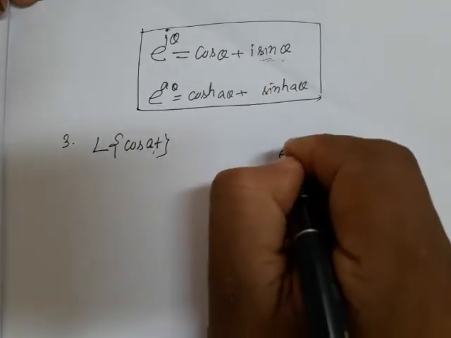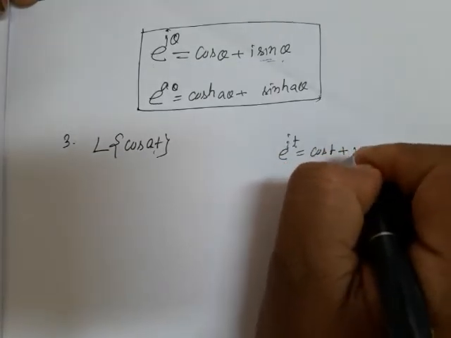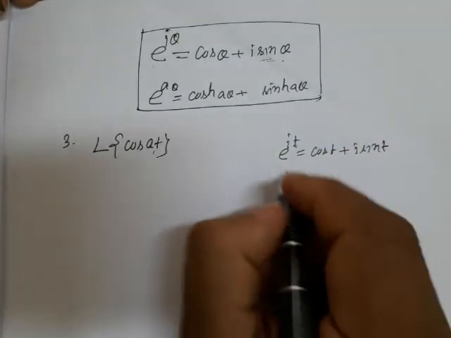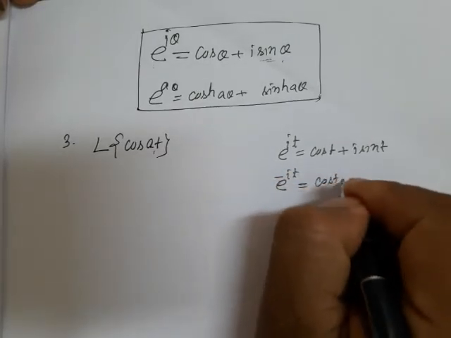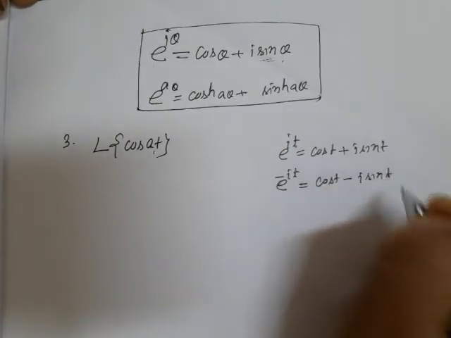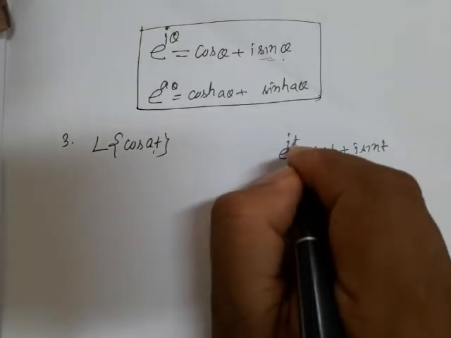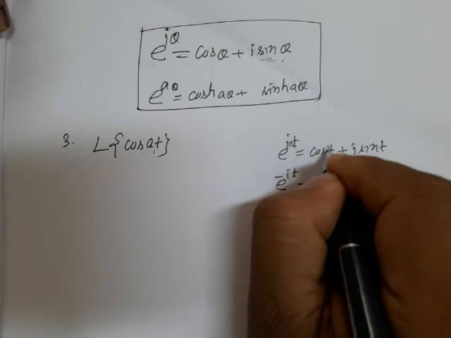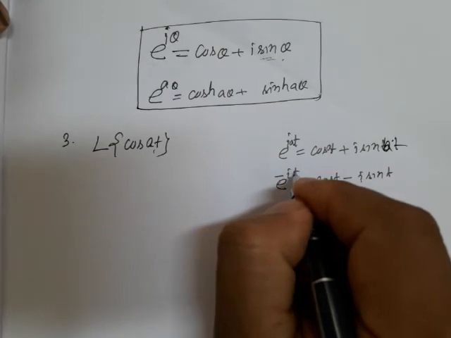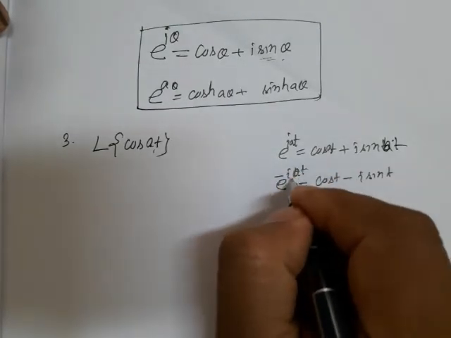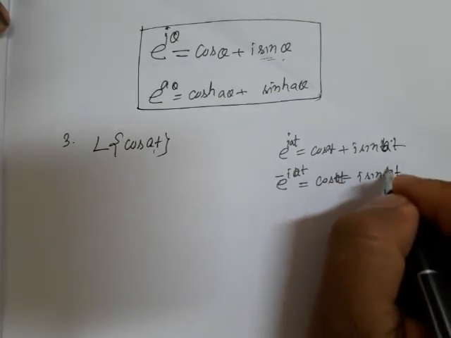So now see, e to the power i t is cos of t plus i sin of t. Okay, so what is e to the power minus i t? It will be cos of t minus i sin of t. Okay, so actually I have to write here e to the power i a t equal to cos of a t plus i sin of a t, and e to the power minus i a t equal to cos of a t minus i sin of a t.